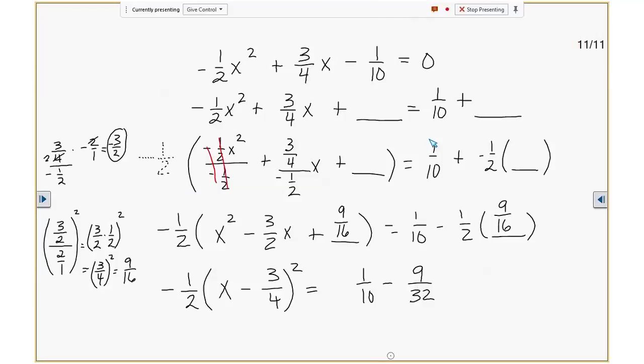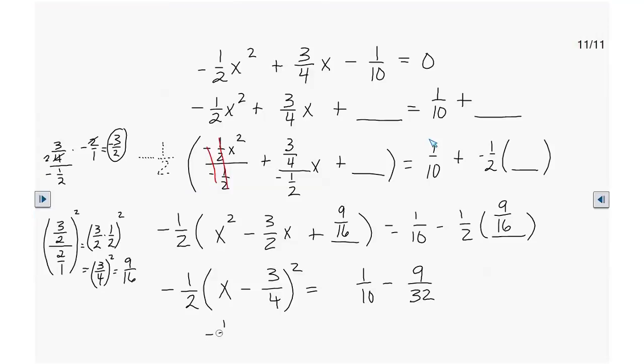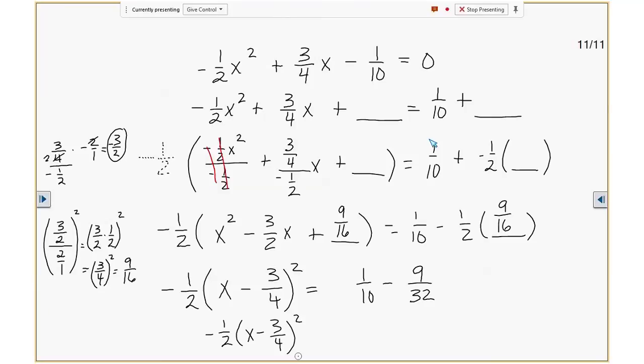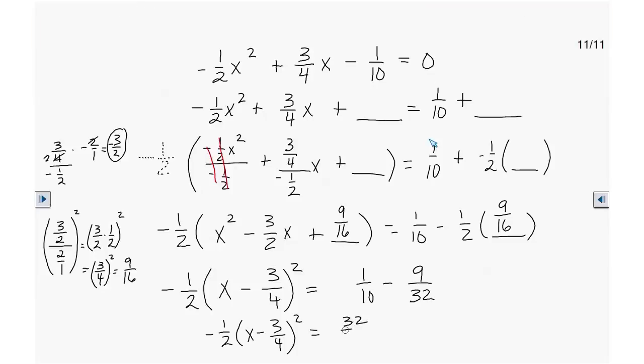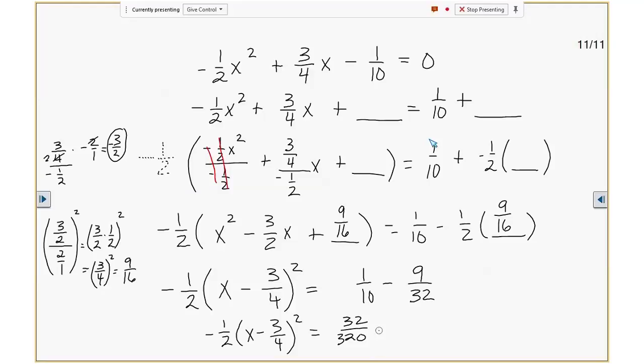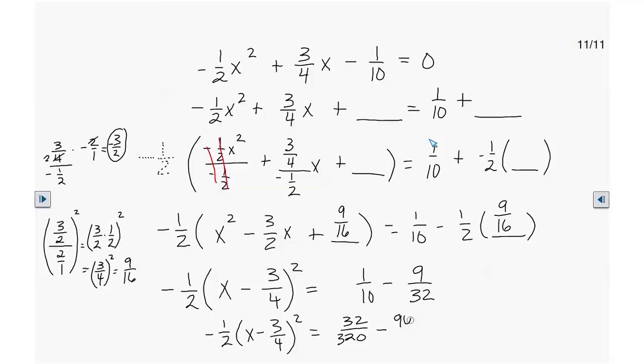Got to get the common denominator, which is 320. So negative 1/2 times x minus 3/4 quantity squared is equal to 32 over 320 minus 90 over 320. Y'all check me, make sure I do it in my head.